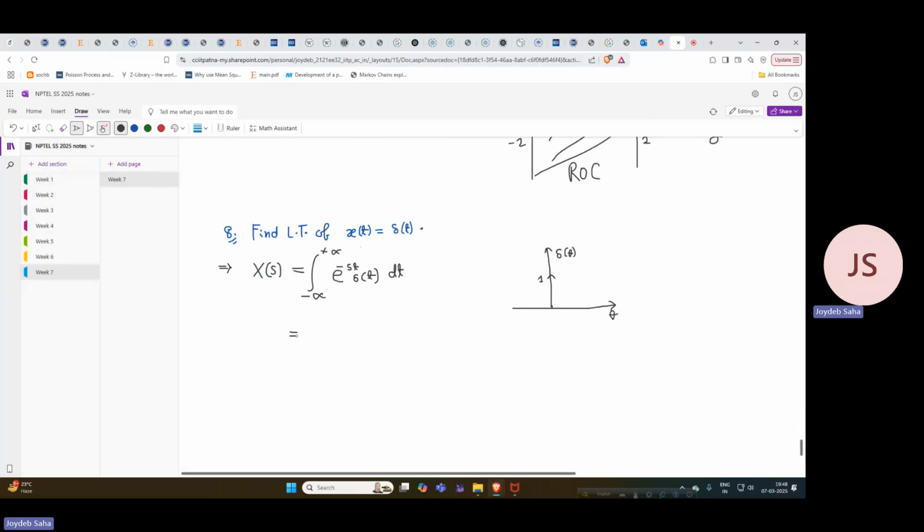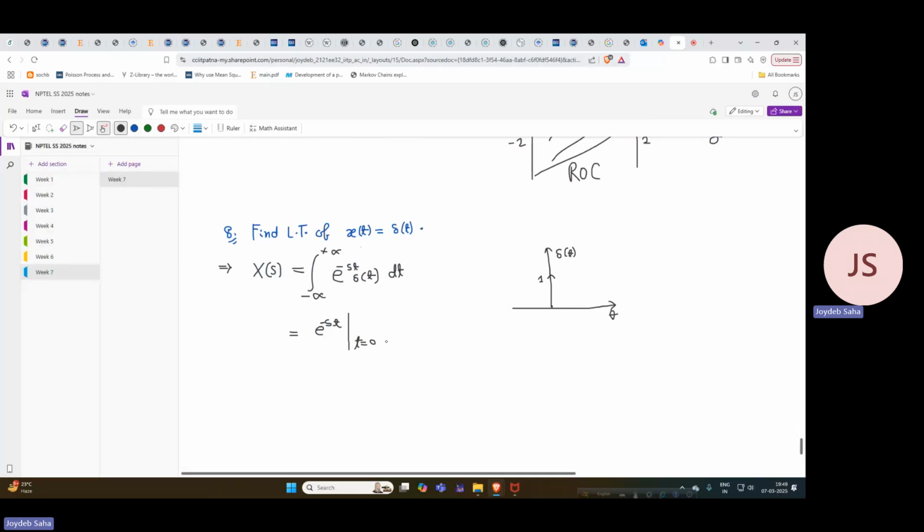So we can write it as e to the power minus st at t equal to 0, because if we have a value only at a single point and at every other point it is 0, then there is no meaning of integration, right?